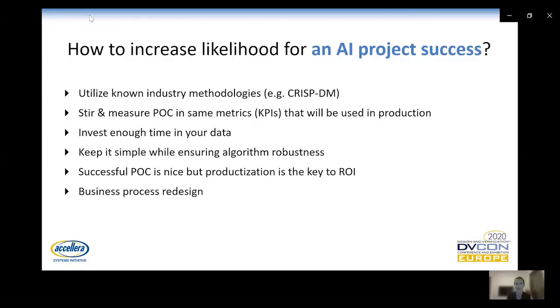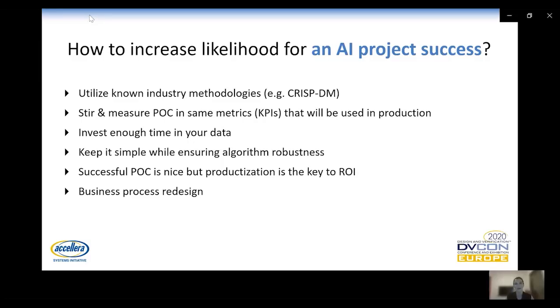So if you're starting to practice AI, first of all, learn the industry methodologies, like any software project: Agile, Scrum, etc. There are some well-known methodologies. Make sure that we are following a well-known methodology.